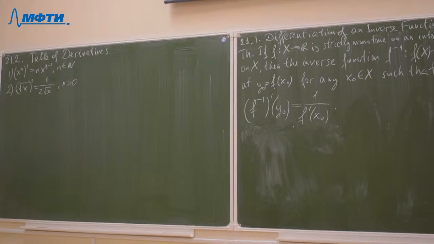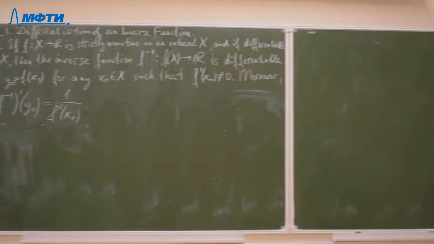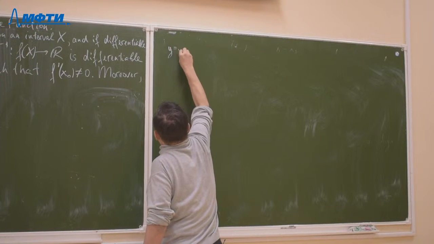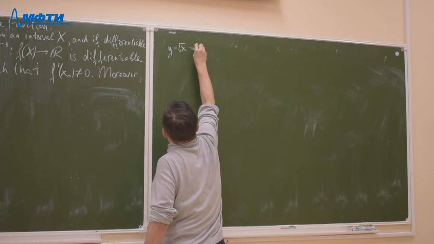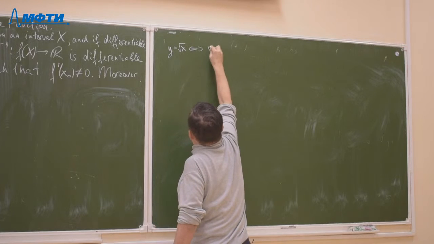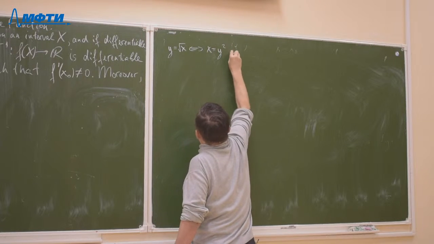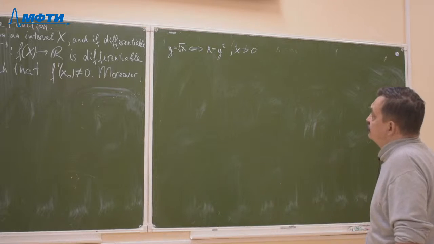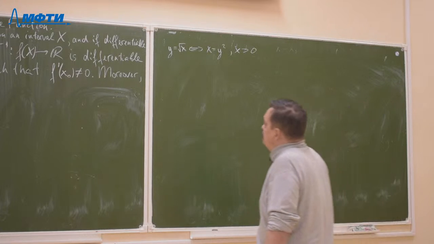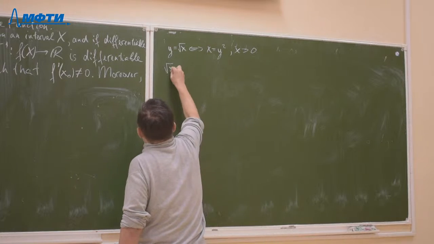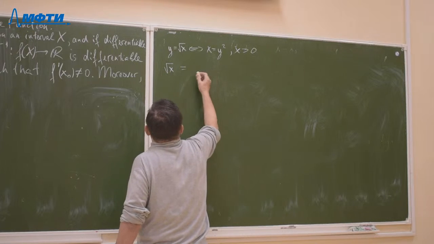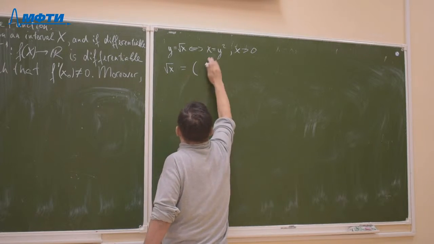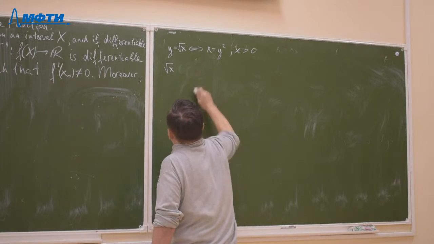So y is square root of x is equivalent to x equals y squared for x positive, right? So it means that square root of x is inverse to the function y squared.